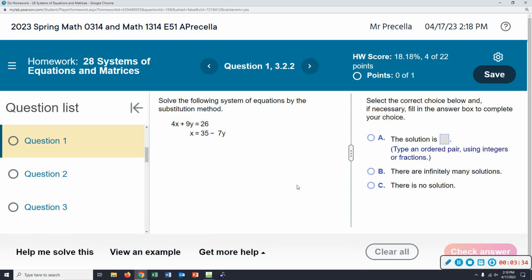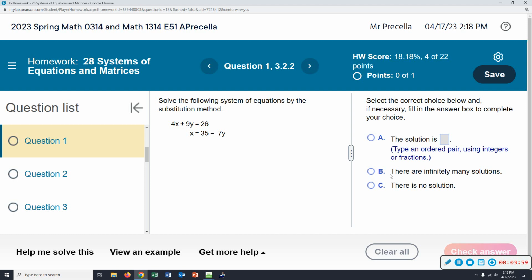Problem number 1 says, solve the following system of equations by the substitution method. When you type the solution, you type an ordered pair, because when two lines intersect, it's at a point, x, y.